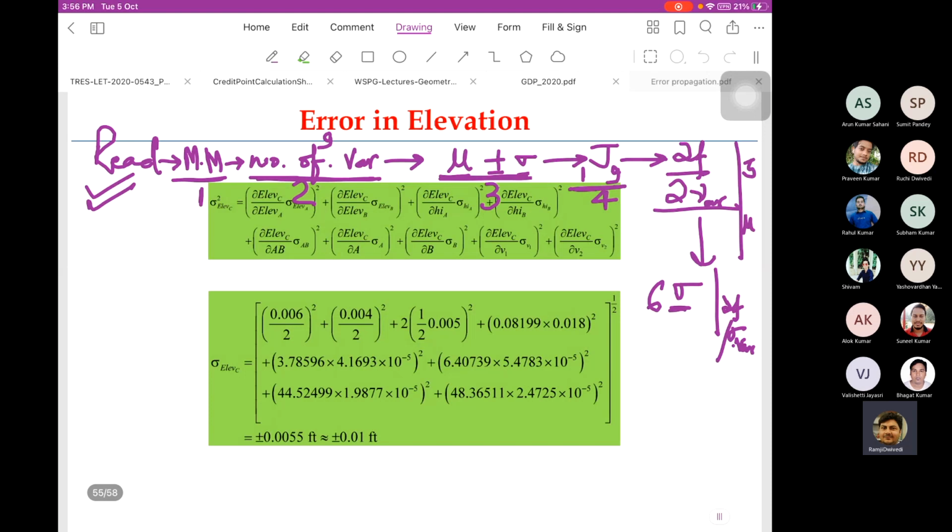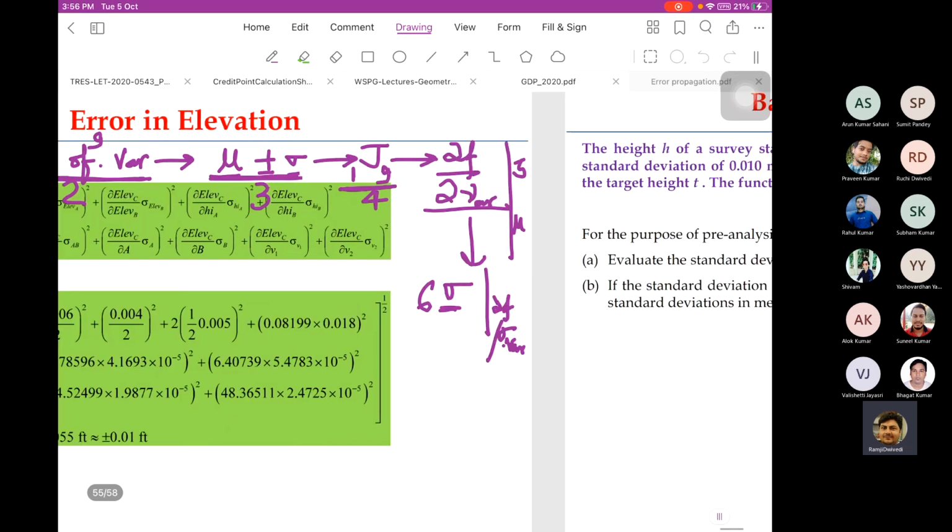Based on mu and sigma, you form the Jacobian, with as many functions as variables. It has components as partial derivatives, evaluated with respect to mu. And you can have the error value, based on a linear or nonlinear function. So that was the summary we discussed. That's the end of the error propagation.